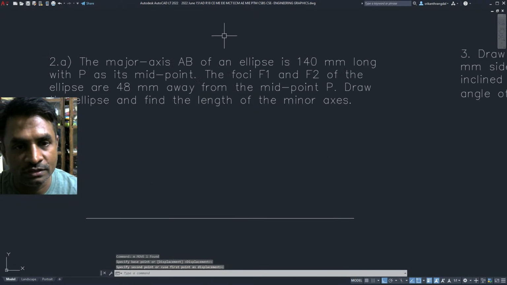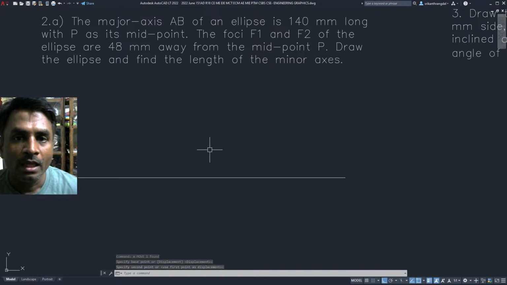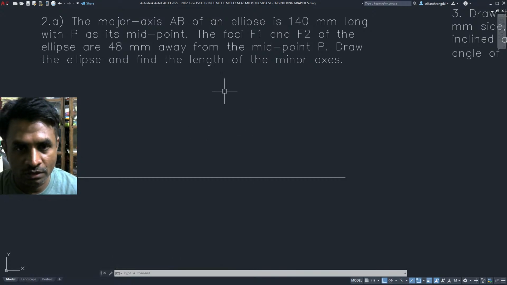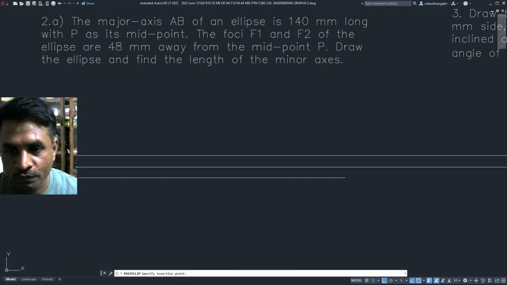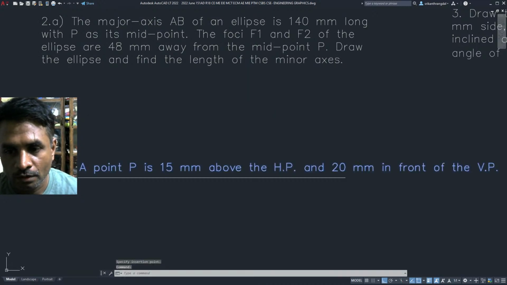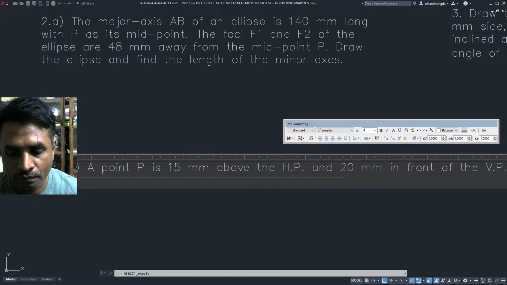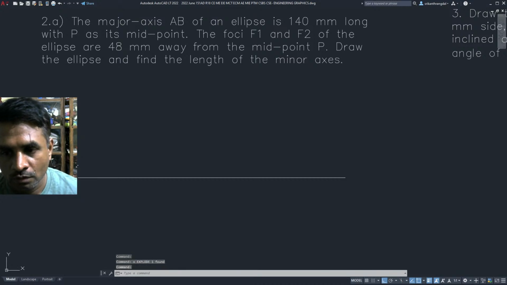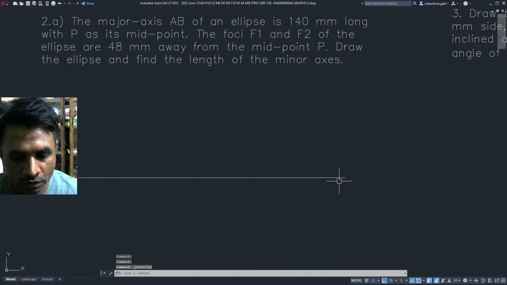Make sure it is at the center. Then we're supposed to take the midpoint of this. This point is A, then this point is B. So this is our major axis.